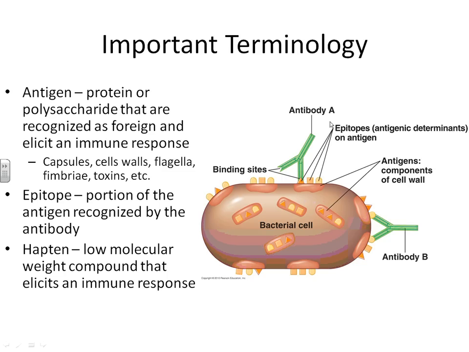They're calling it antibody A. On the same bacterial cell, you'll have a different antigen sticking off that another antibody, antibody B, can bind to. The specific part of the antigen that the antibody or the cell binds to is called the epitope.